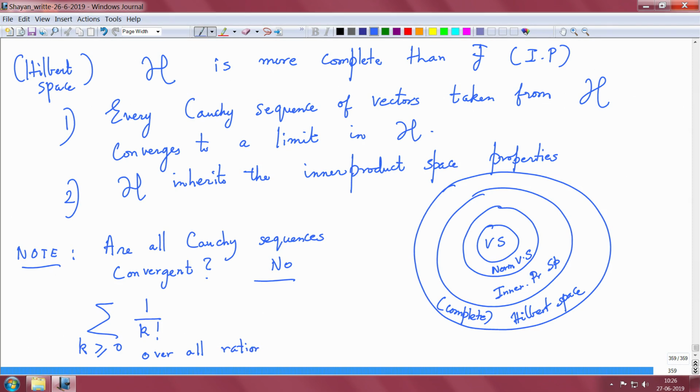Let us say we have a space of all rational numbers and that space is Q, and I consider this series summation 1 upon k factorial for k greater than or equal to 0, and I know this series sum heads to e when I take large k going to infinity, and this is a transcendental number which does not belong to the space of rationals.